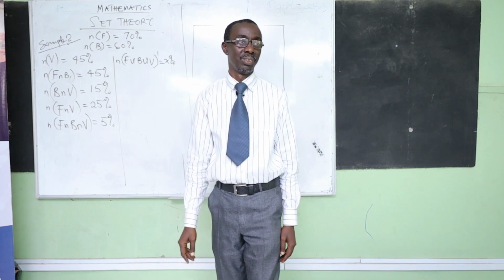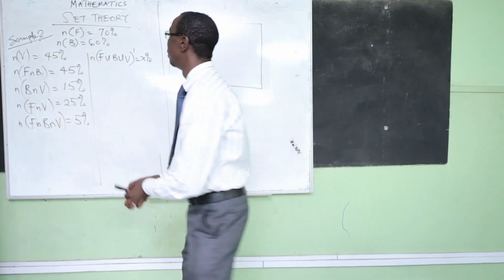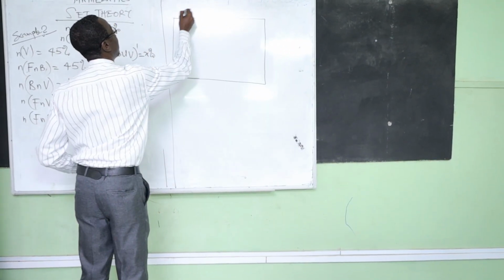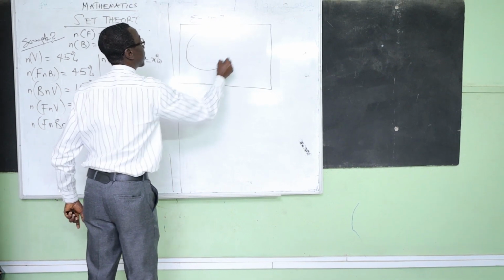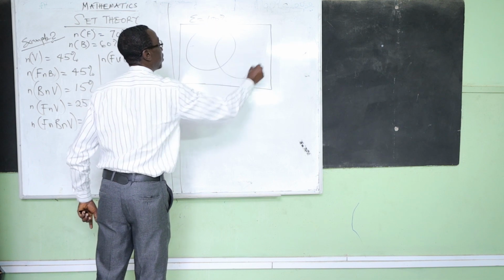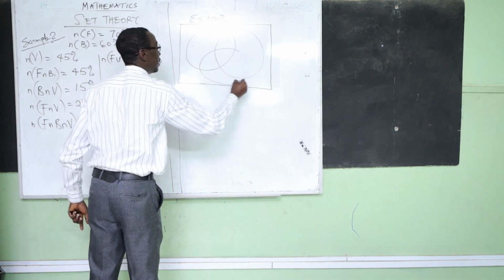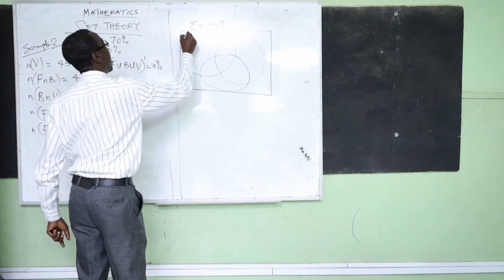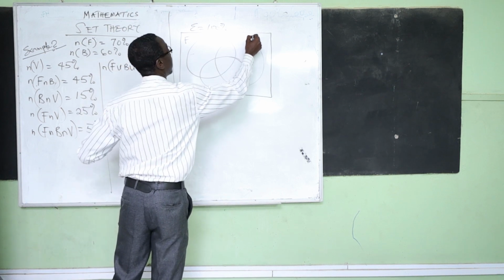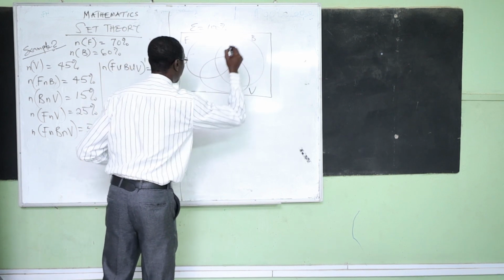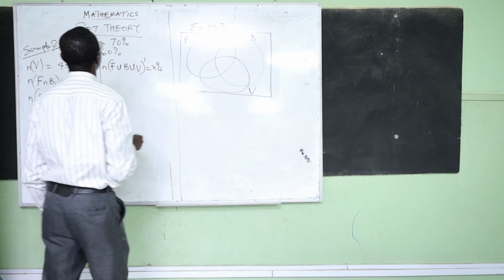No. You should let your examiner know that your universal set is coming out as 100%. The first subset, the second one, and obviously the third one. I have football, I have boxing, and volleyball. Football is 70.